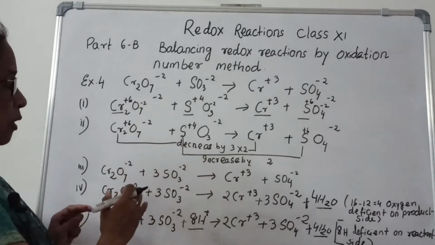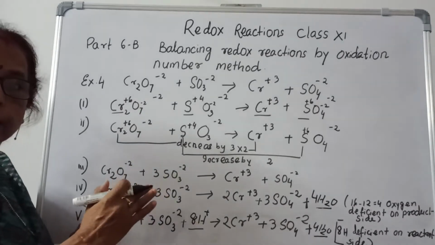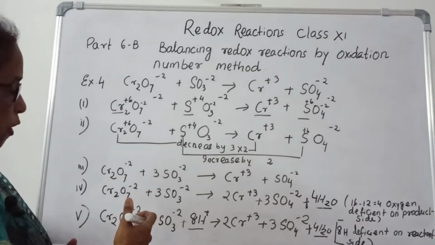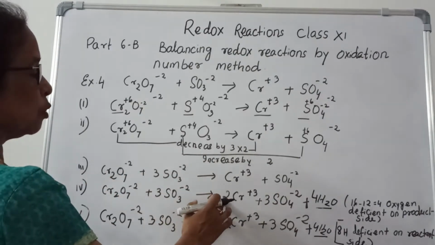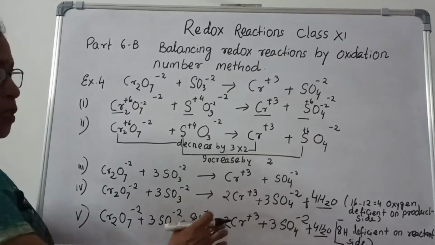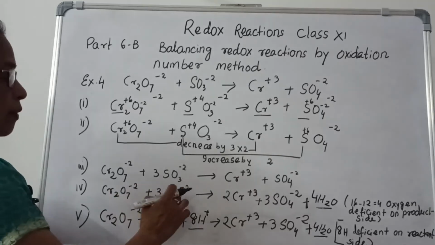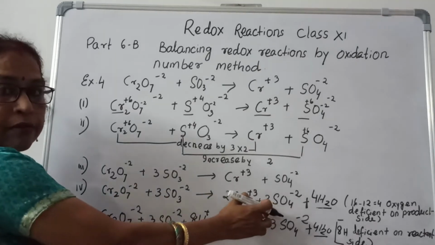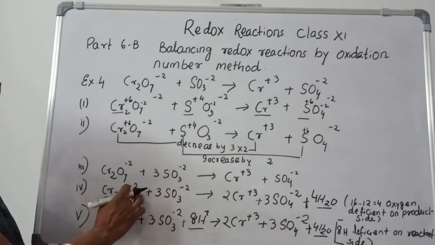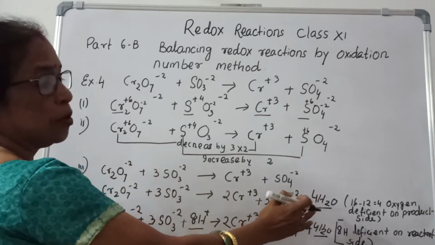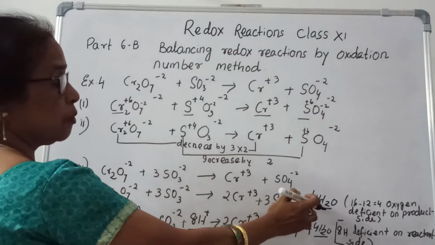In the next step you will balance chromium and sulfur except oxygen. Now already it is balanced, 2 CrO3 and 3 SO4 minus 2, and after that you will see here oxygen 12 times and here 16 times. That is why to make balance, on the deficient side you will put water. How many water? 4 water.